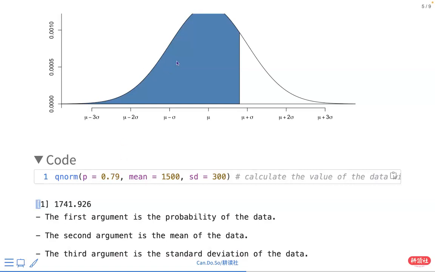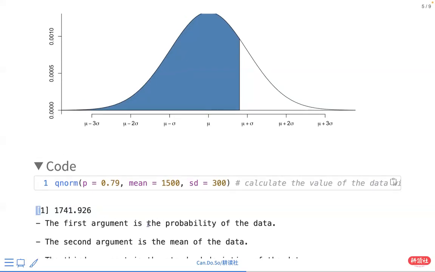P is the probability, and as usual, the mean and standard deviation. And we find the number is about 1,742.